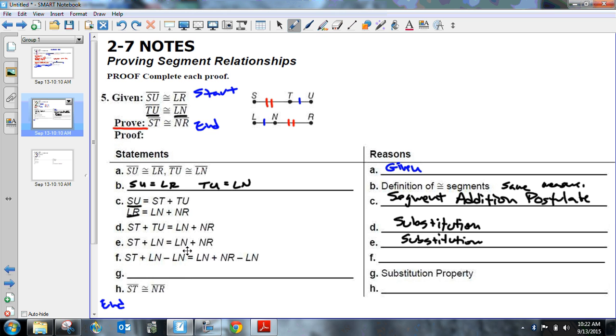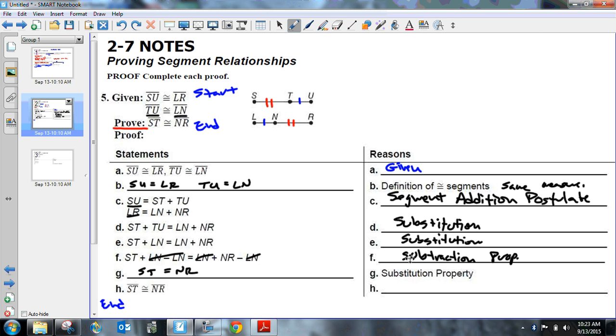Now on this step, it looks like I'm subtracting LN from both sides. So the LN's will go away, and this is the subtraction property of equality. And then we get the statement that ST is equal to NR.